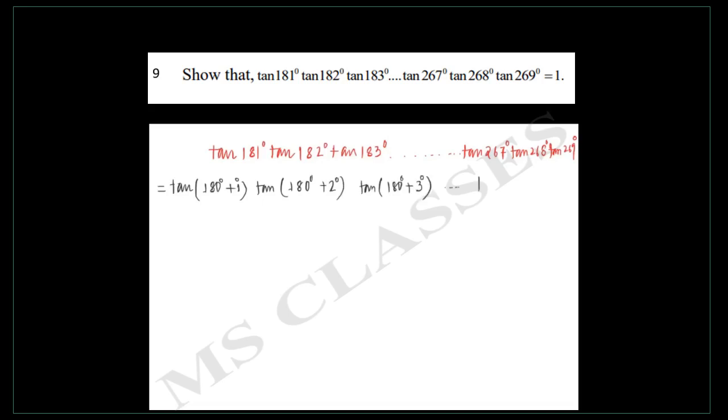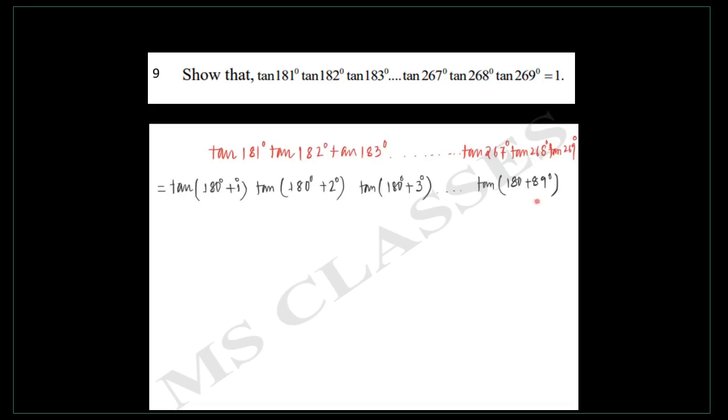So ultimately what we get, tan 180 plus 89 degree. So this is what we get: tan 181, that is tan 180 plus 1, tan 180 plus 2, tan 180 plus 3, multiplied up to tan 180 plus 89. Just we are multiplying these numbers.